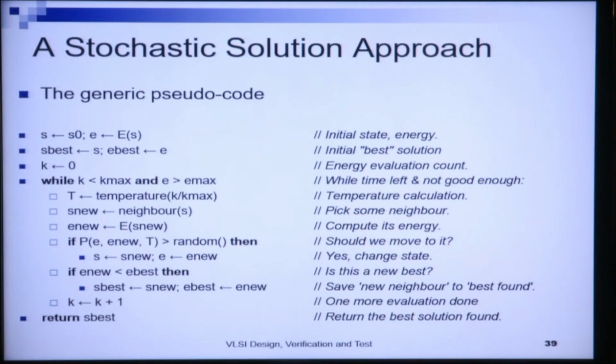S equals S new and E equals E new, and now S and E become my new current solution. After this, if E new is less than E best, then I have a better solution than the current best that I have. So I need to update S best and E best. And then I go to the next iteration.